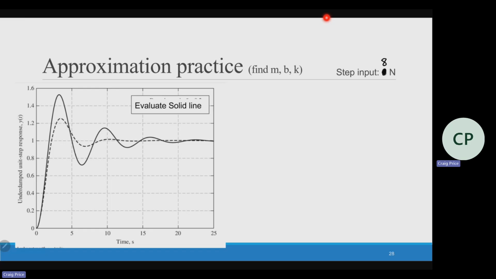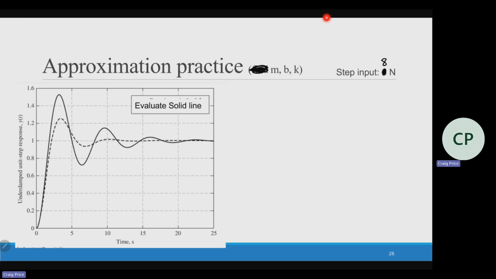And our goal, now this is an approximation, is to approximate M, B, and K. If it's a mechanical system, I give it a step of 8 newtons, we see the system respond like this. We can approximate what M, B, and K are, which can help us run other simulations.